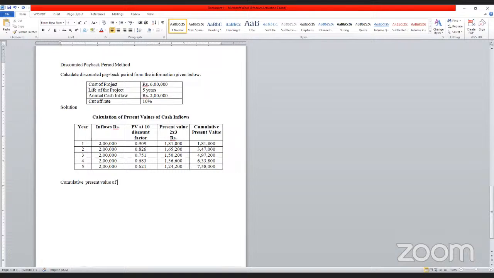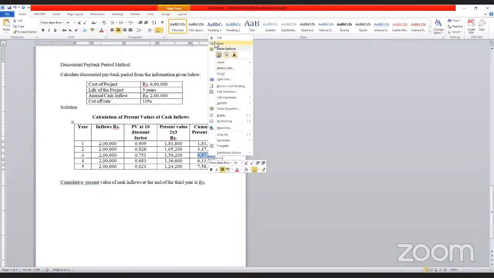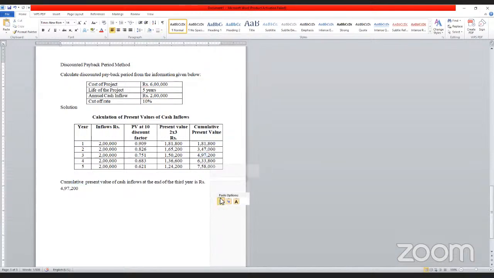Cumulative present value of cash inflows at the end of the third year is rupees 4 lakhs 97,200, and at the end of the fourth year it is rupees 6 lakhs 33,800.